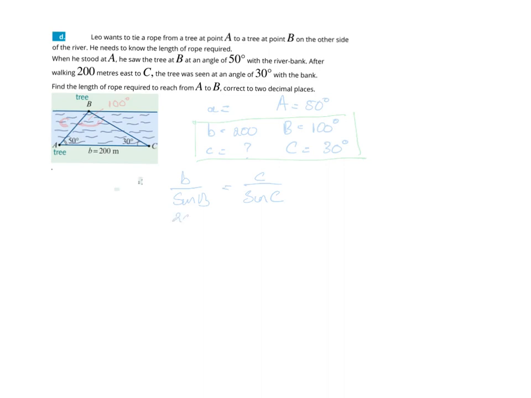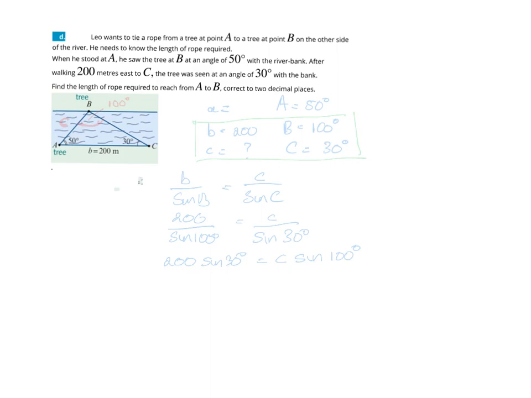You have 200 over sine of 100 degrees, which is equal to C over sine of 30 degrees. Let's cross multiply. So that means the top with the opposite bottom. So 200 sine of 30 degrees is equal to C times sine of 100 degrees.